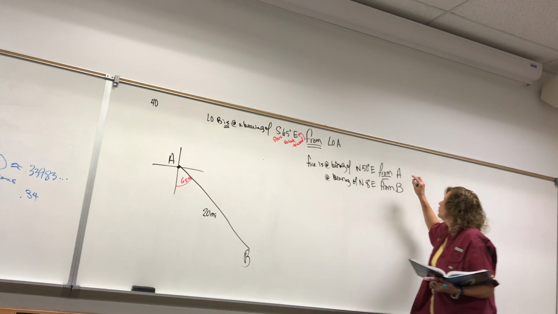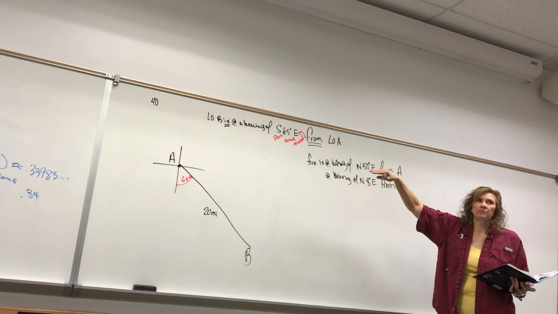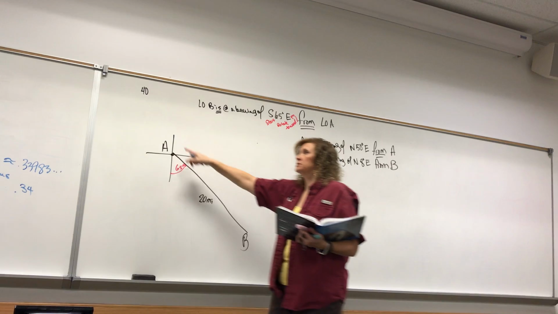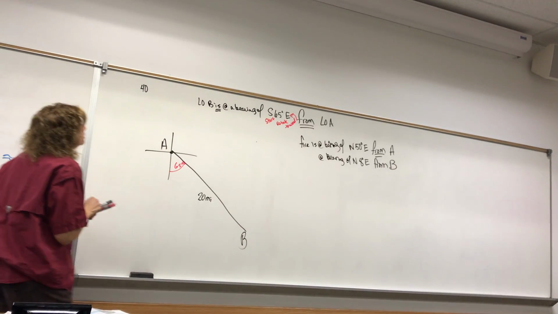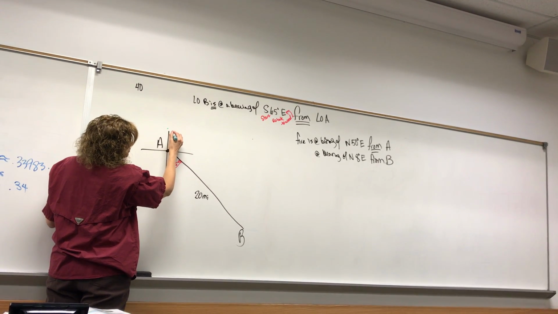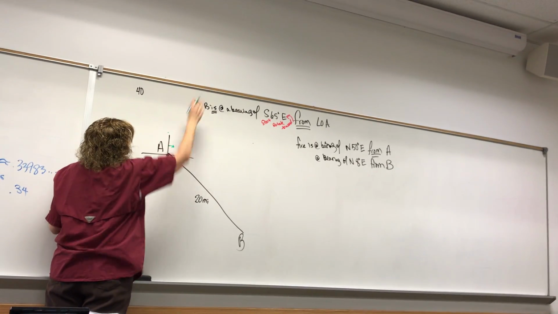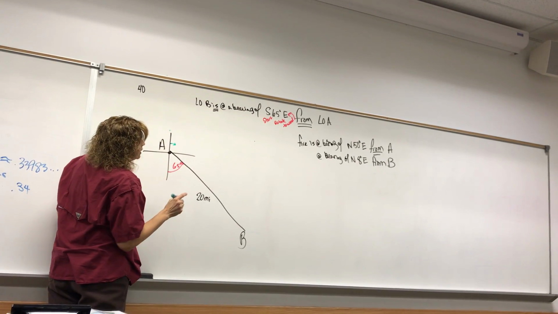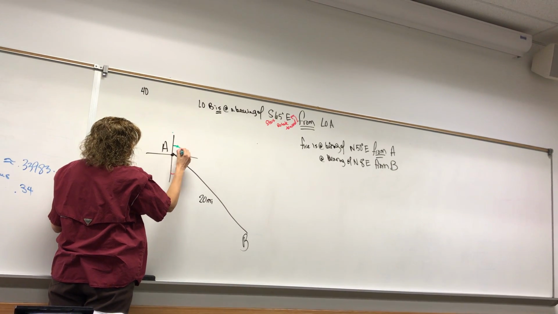Okay, so from A, I am going to draw that bearing. I already have my grid marks, my north, south, east, west going. So from the north, we are going to rotate 50, thank you, I was pretty worried about being way up there. All right, 50 degrees toward the east.